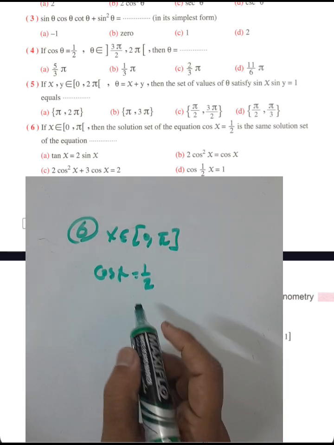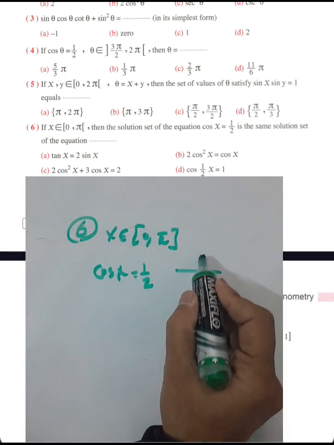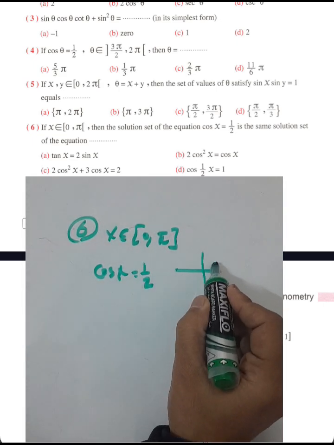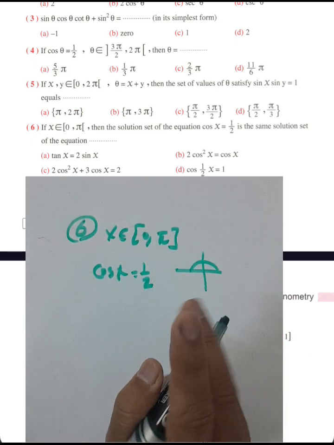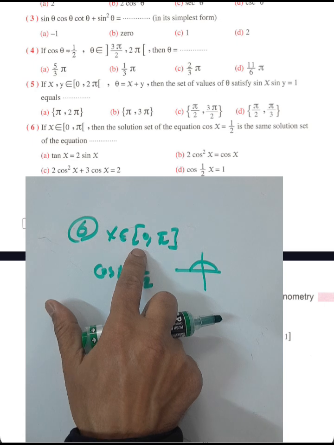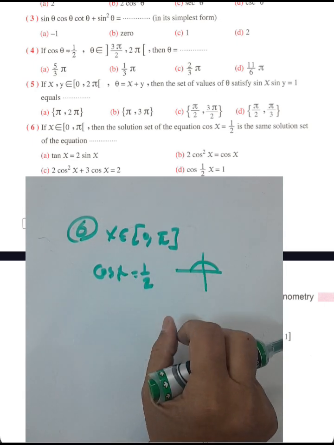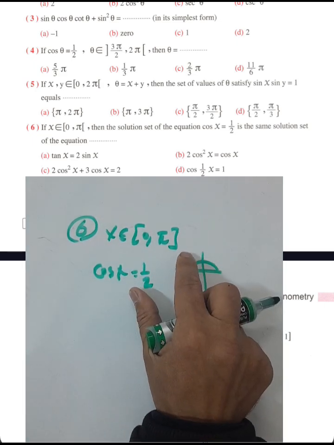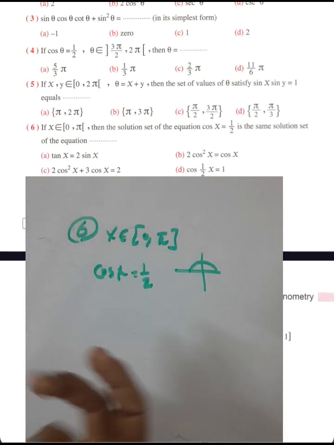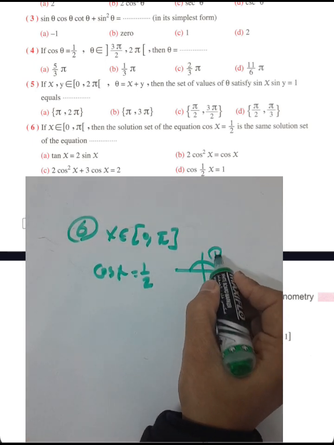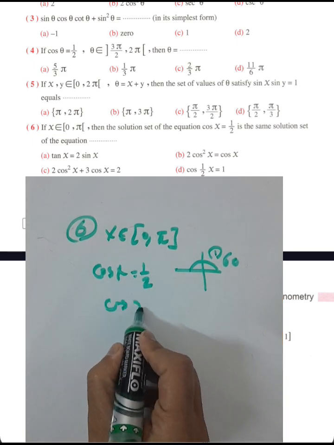Okay, it lies in the first and second quadrants, since the interval is from 0 to pi, and in the second quadrant cosine is negative. The angle in the first quadrant is 60, because cosine 60 is half.